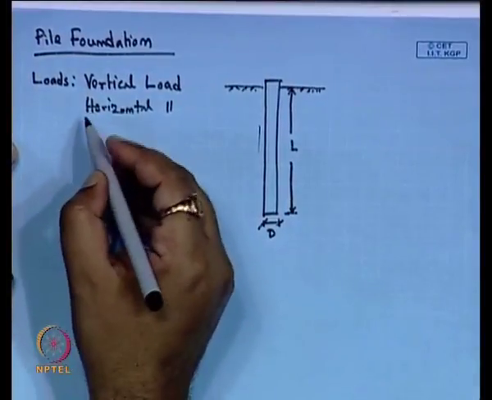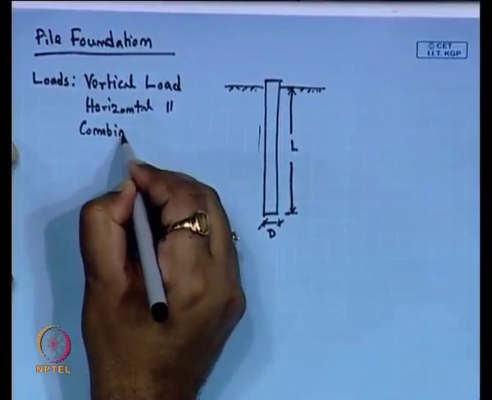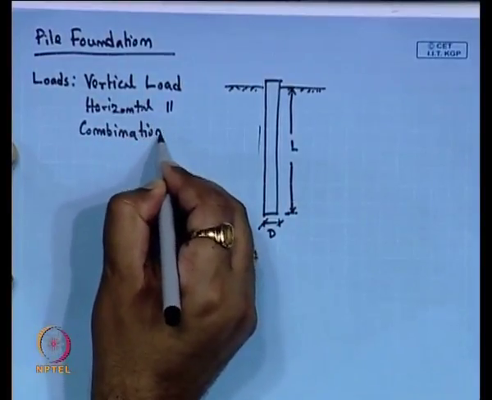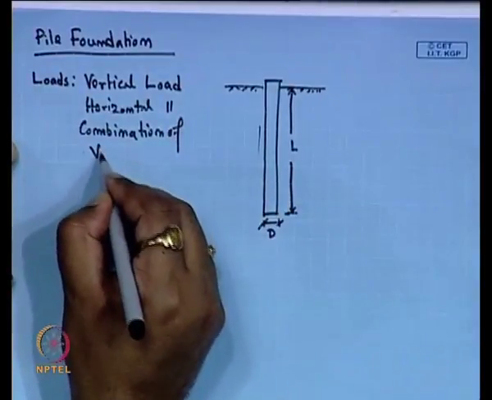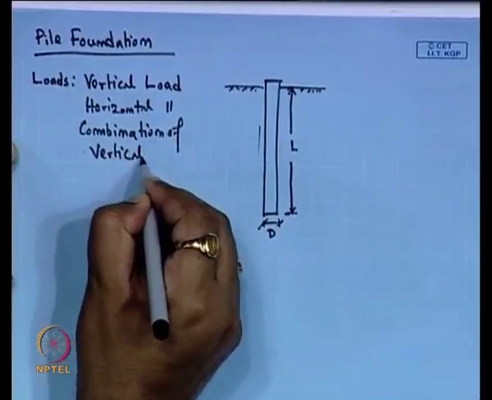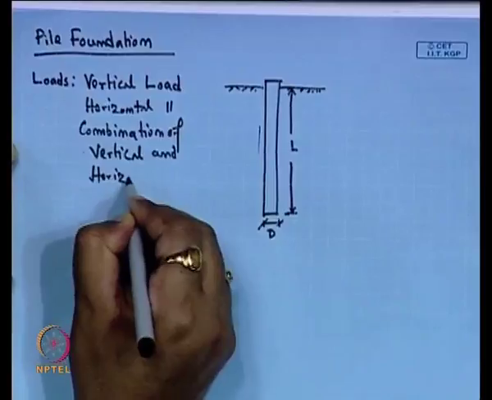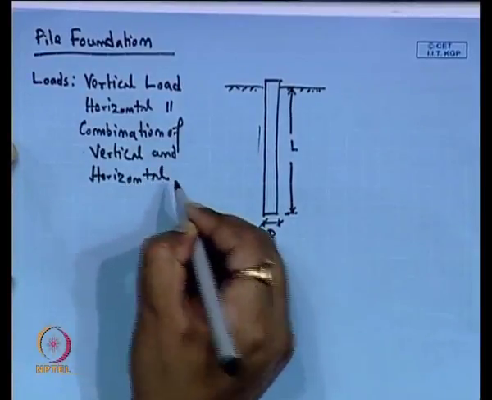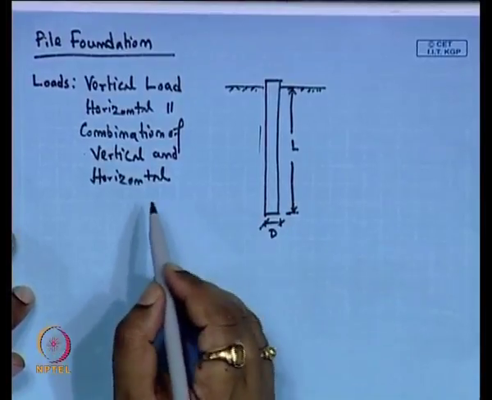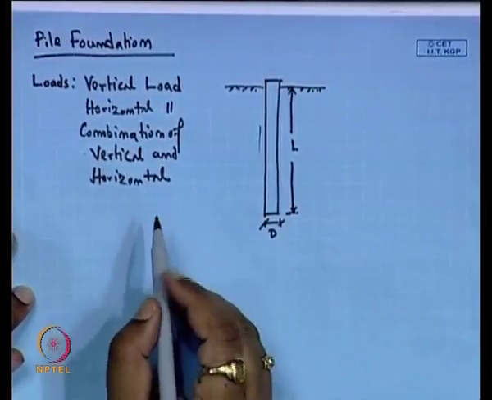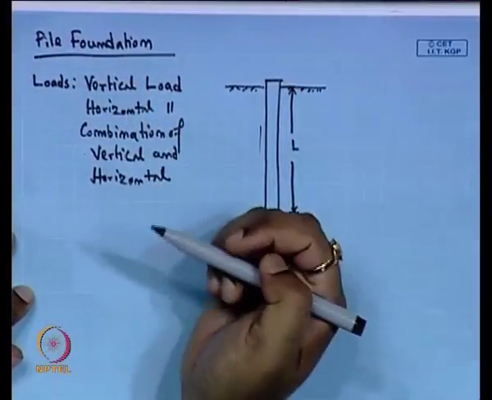And the third one is the combination of vertical and horizontal. So, these are the different types of load acting on a pile foundation. Now, this vertical load can be in upward or downward directions.